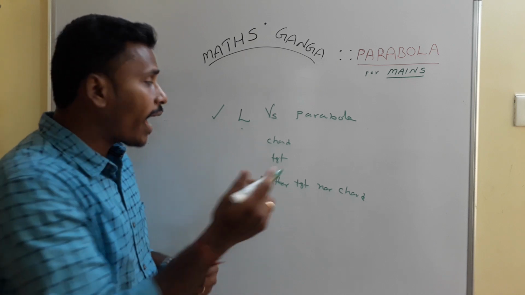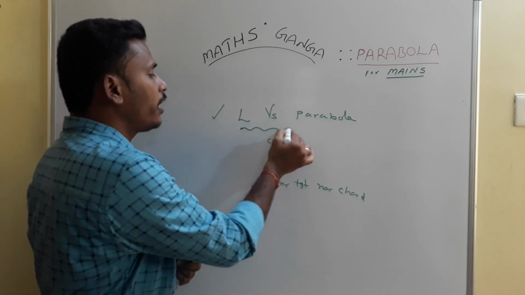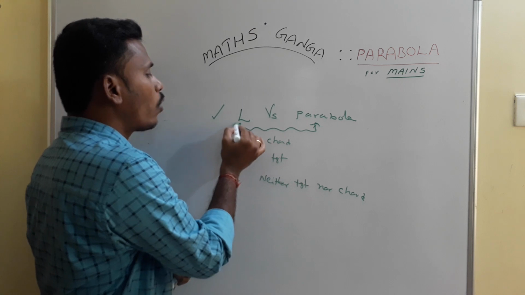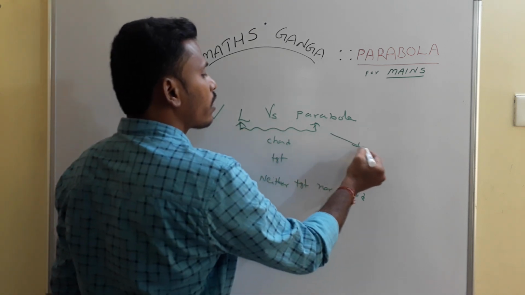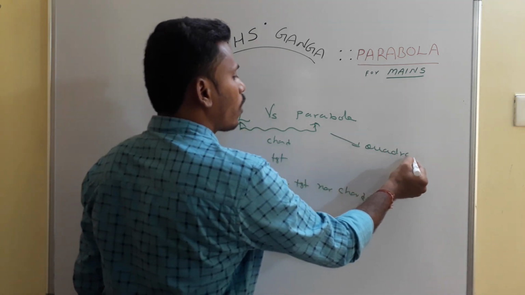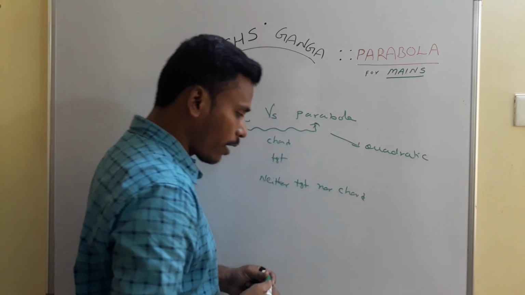What I have to do is make a quadratic equation using this line and the parabola.